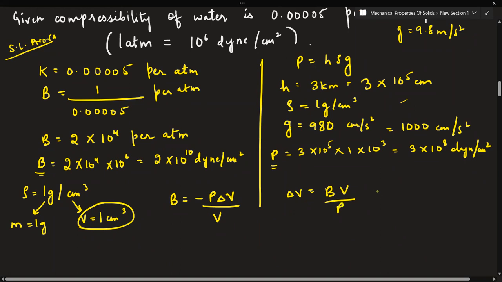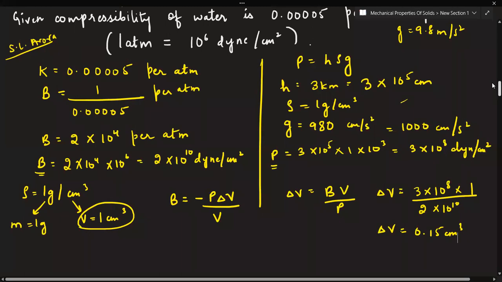Once you put in the values of all what we have, pressure is 3 into 10 to the power 8, multiplied by volume is 1, divided by B, the bulk modulus, which is 2 into 10 to the power 10. This is all what we have. Now see, once you solve this, you will be getting delta V approximately equal to 1.5 centimeter cube.